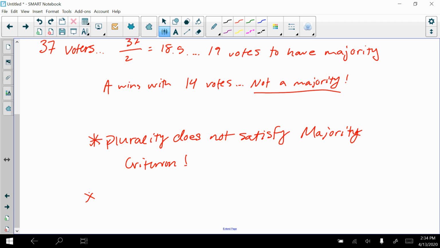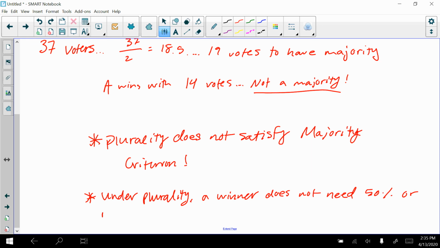Okay, I'll write that down so that you can see it. All this means is that under plurality, a winner of an election does not need 50% or half of the votes. You can win an election under plurality without having a majority of the people voting for you.